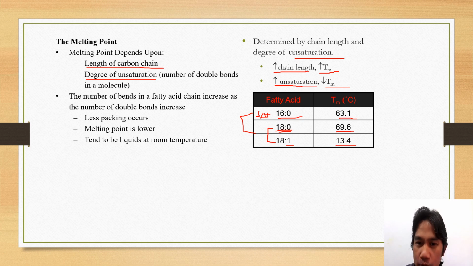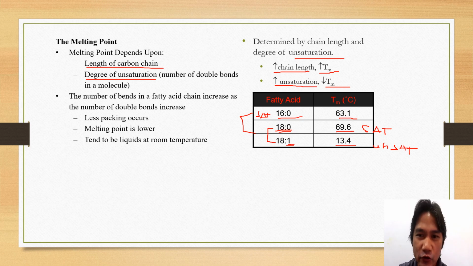But if you compare these two, the presence of a double bond decreases the melting temperature. This one is saturated, and this one is unsaturated. The unsaturated one has a very low melting temperature, 13.4 degrees Celsius.